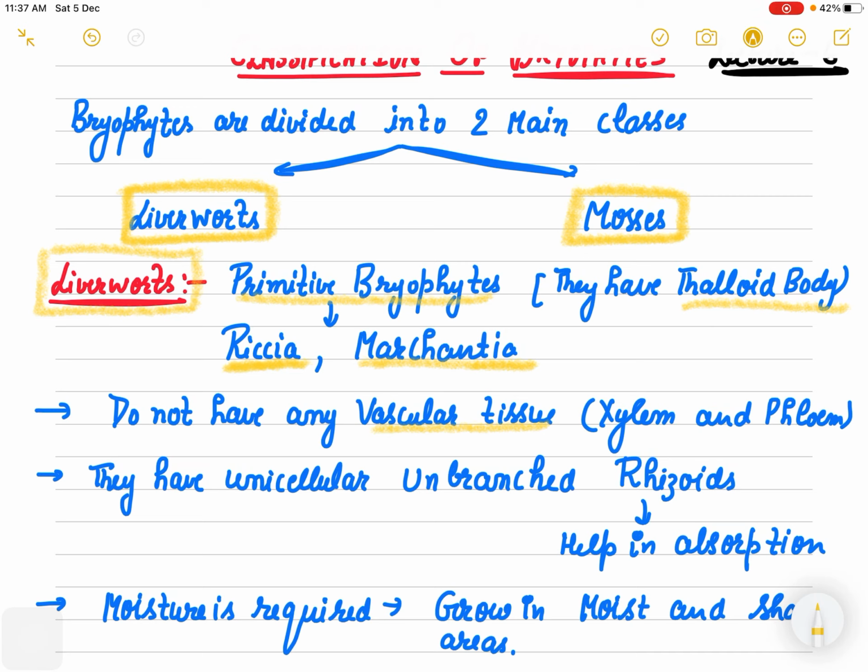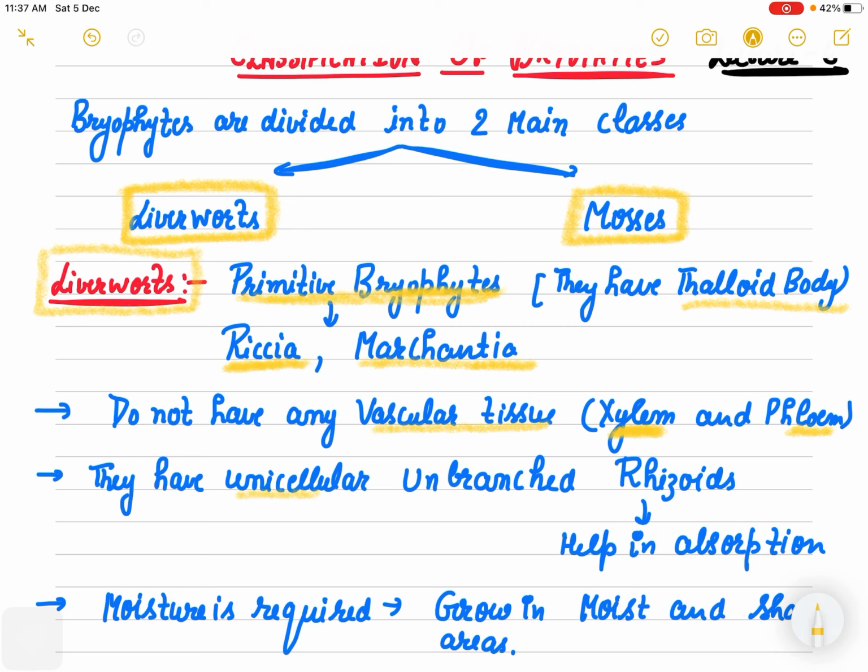More advanced plants have highly developed vascular tissue, but these bryophytes are a class of plants which do not have vascular tissue.